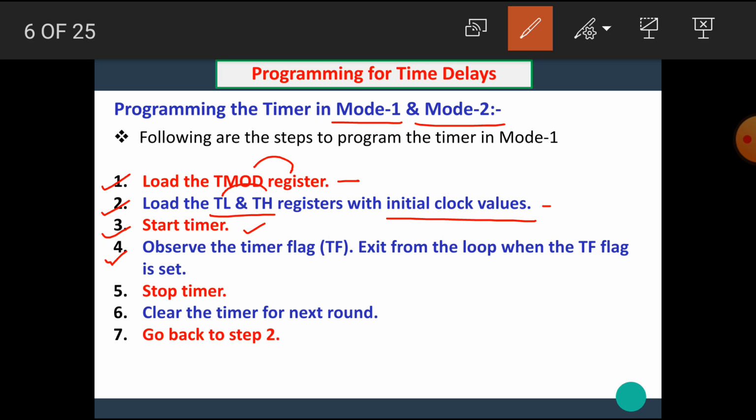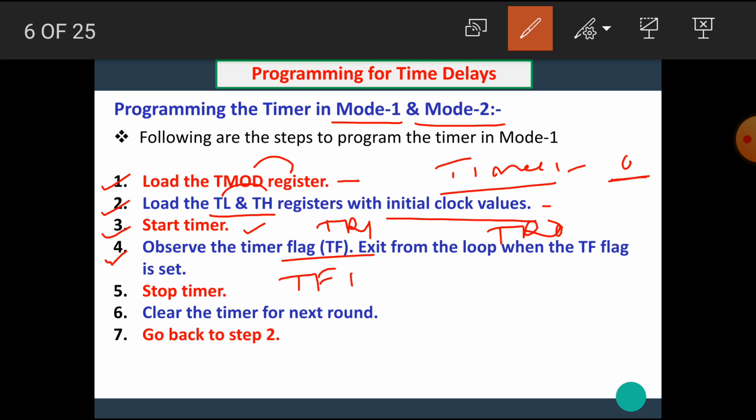Start the timer means if we use timer 1, then we can start the timer by setting the TR1 bit. If we use timer 0, then we can start timer 0 by setting the TR0 bit. The next is observe the timer flag TF. In case of timer 1, the timer flag is TF1.